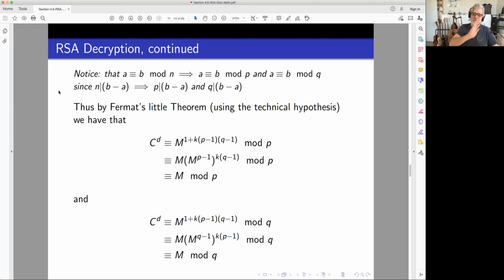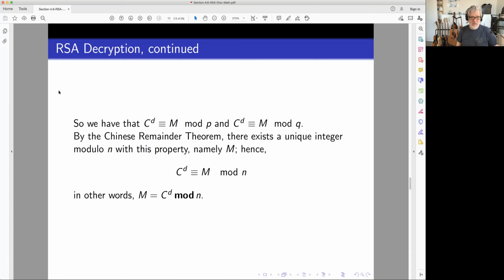It's just using what we did in chapter 4. So Fermat's little theorem tells you that if you take the encoded message C and raise it to the power D, this number will be congruent to the original message mod P and mod Q. This is an application of Fermat's little theorem. Let's go to the next slide. So now I've got that.